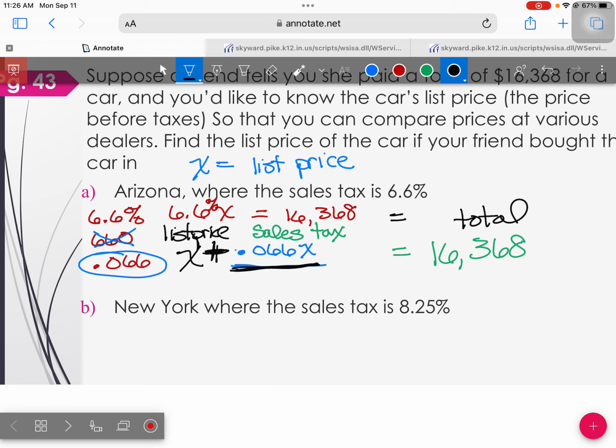Is everybody with me on that? Is there anything else I should do? No. Just say no. So what is x plus 0.066x? Can I combine those? Yes. This would be a 1 out front, right?